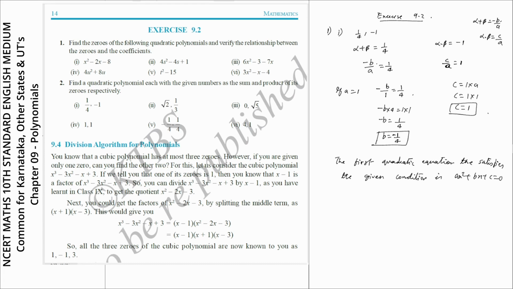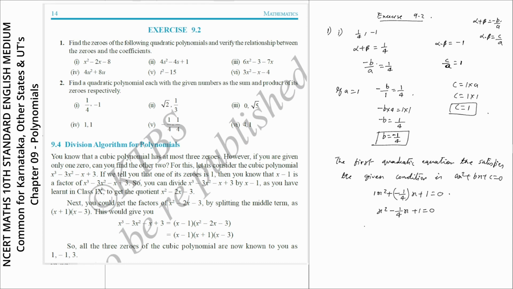So substitute the values of a, b and c in that one. So a is 1 I have taken, x square as it is, plus what is b, b is minus 1 by 4 into x, plus c is 1, is equal to 0. So 1 into x square is x square, plus into minus is minus, here minus 1 by 4 x plus 1 is equal to 0.